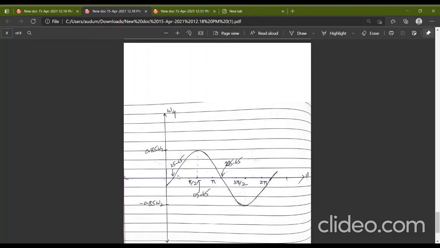And at 115.65 degrees, the output omega will be maximum, that is 0.85 times the omega of the rotor, 0.85 omega 2. And this is the cycle that will continue for the rest of the angles.